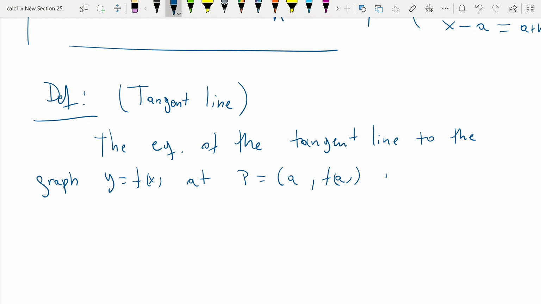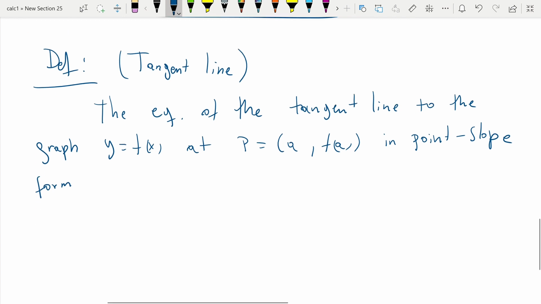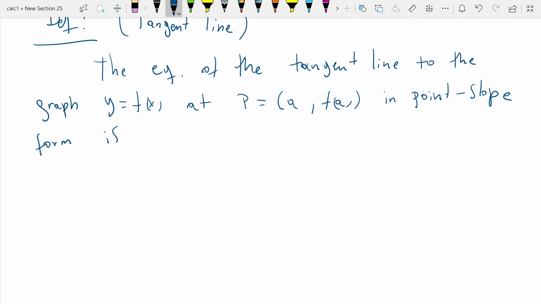It can be given in two forms, but in point slope form it is y minus f of a equals f prime of a times x minus a.